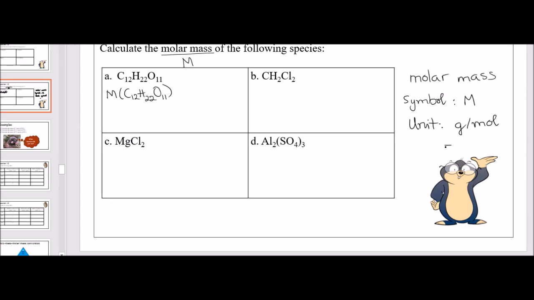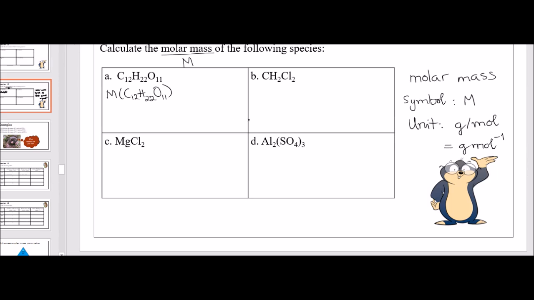You can also write gram per mole as gram mole to the power of -1. Either form is acceptable. I don't even know which one's my preferred form. It really depends on how much space I have, and it really doesn't matter. But indicate the symbol of what it is that you're presenting or calculating.